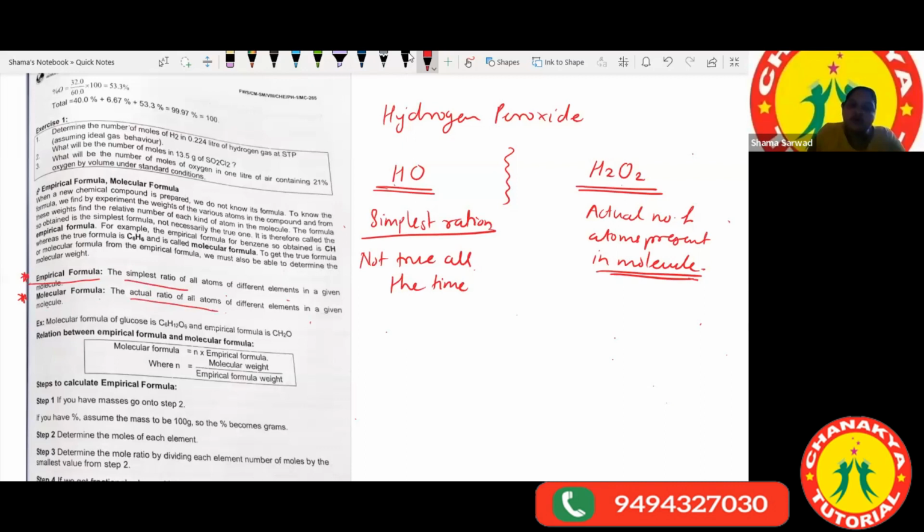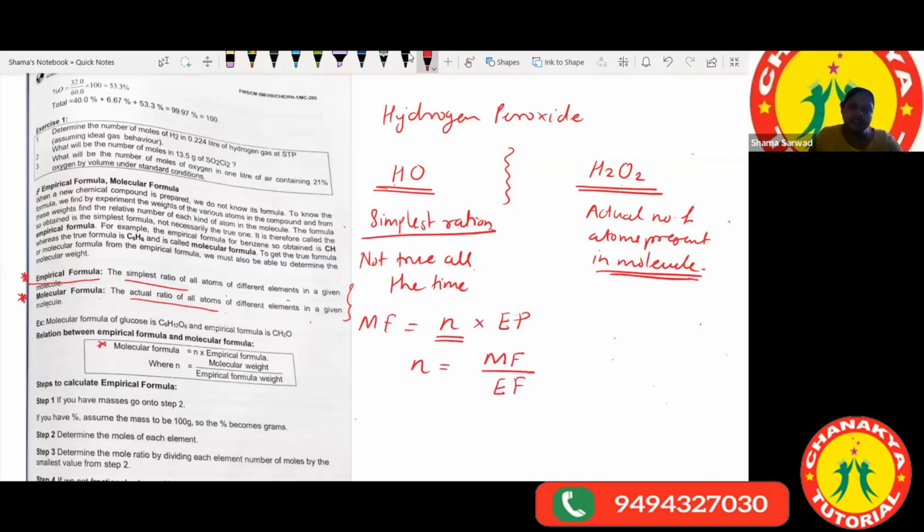And these two formulae are related to each other. How are they related? By this formula: molecular formula is equal to N into empirical formula. What do you mean by this N? We get this N when you divide your molecular formula by your empirical formula.